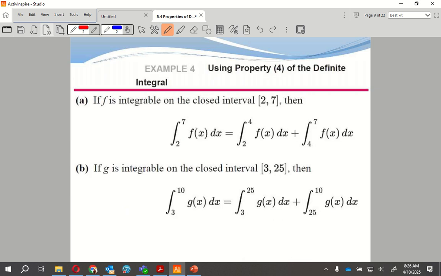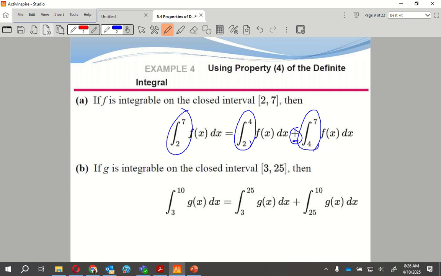So here's one. If f of x is integratable on the closed interval from 2 to 7, which is the whole thing, then 2 to 4 plus 4 to 7. So right there, is that the same as what we just had there? Okay, but we're giving it some values this time.